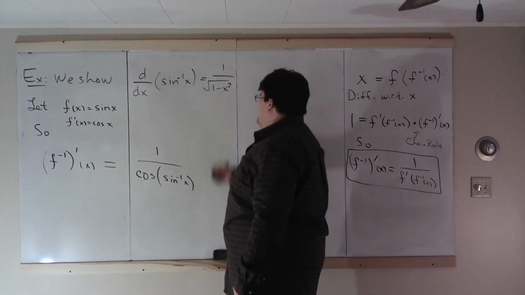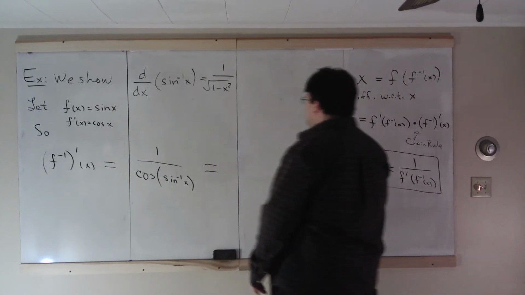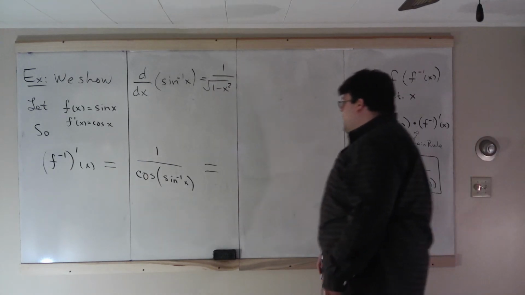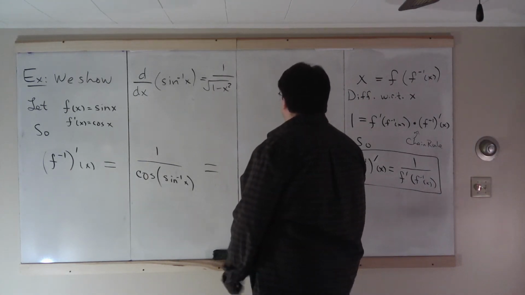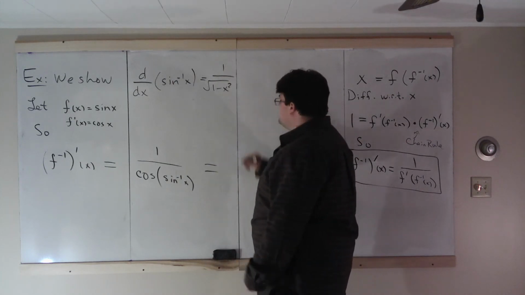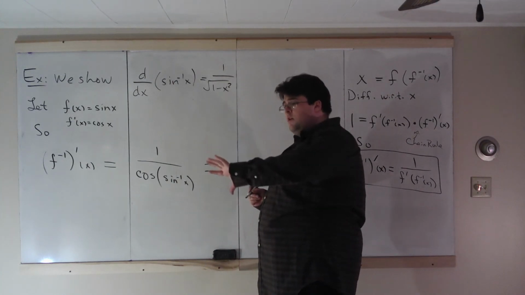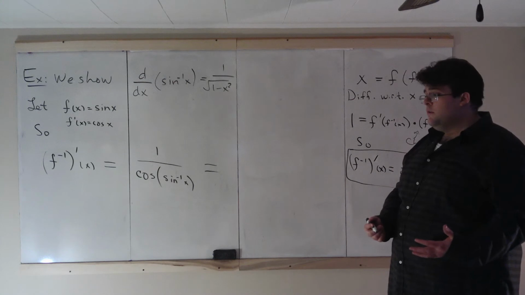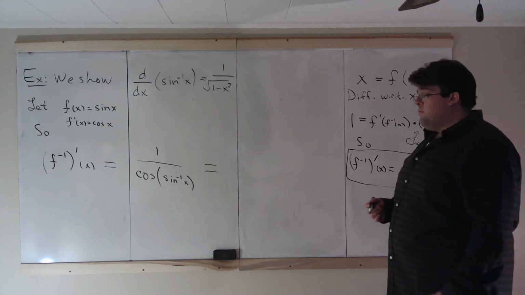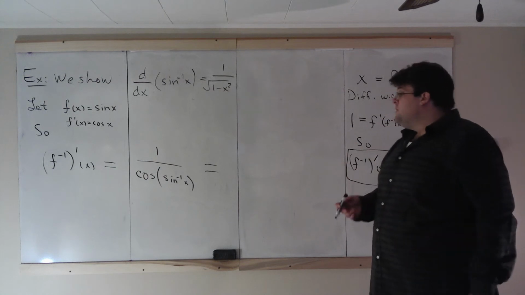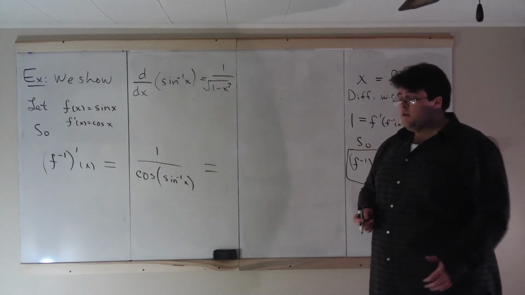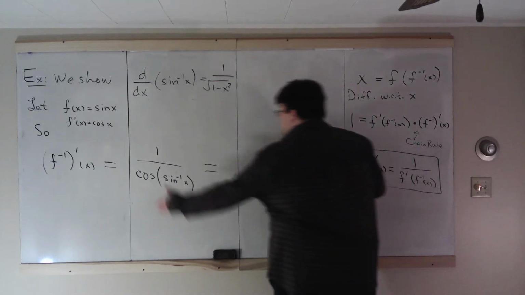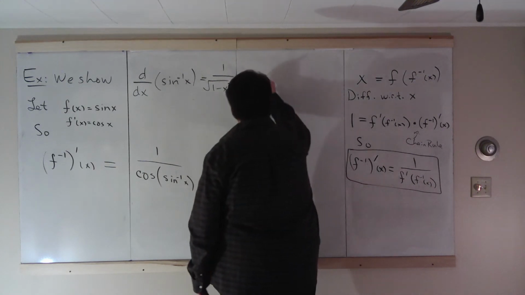Well, this doesn't look like that at all. But I will tell you, it does equal that. Why? Side work. Sine inverse x, remember, sine of x tells us what? Sine of x, the input is interpreted as an angle in a triangle, and the output is given by a ratio of sides. So flipping that around, sine inverse of x, the input is a ratio of sides, the output is an angle. So sine inverse x we can see as an angle.